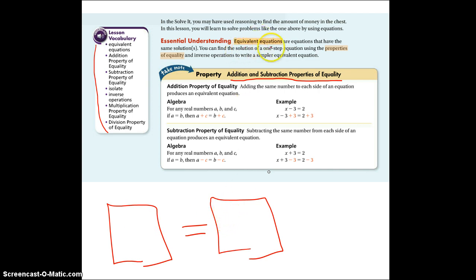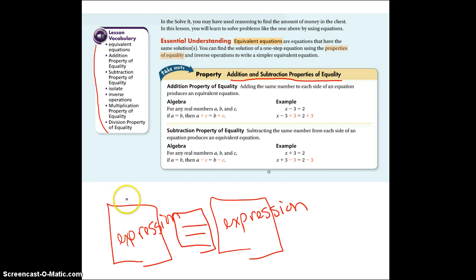So with equivalent equations, we're going to have some type of expression over here, and an expression over here, or maybe a number, and they are going to be equivalent. They're going to equal each other. So equivalent equations are equations that have the same solution. This player one has the same amount of money as player two.